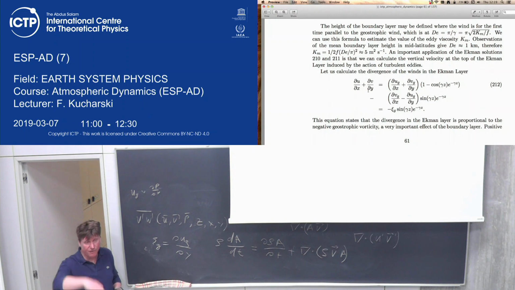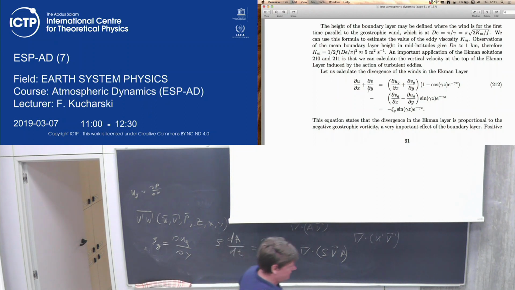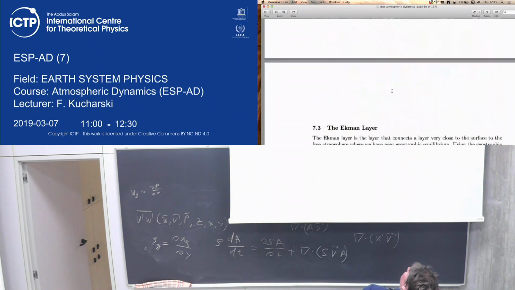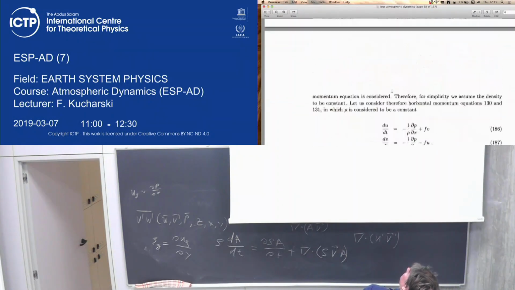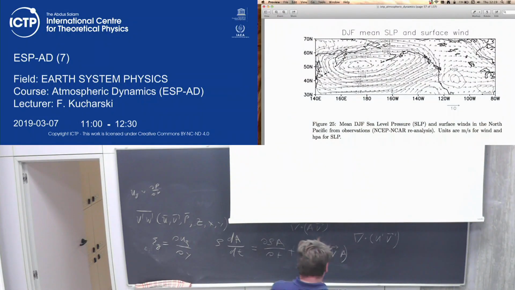So if you have simply a flow that is zonal and that varies in the meridional direction, that contains vorticity. And that is perfectly fine to create convergence in the Ekman layer. But if we have really a closed circle flow, like we have rotational flow in our Aleutian low, that's perfectly fine too, of course. That's vorticity, of course, what we see here.